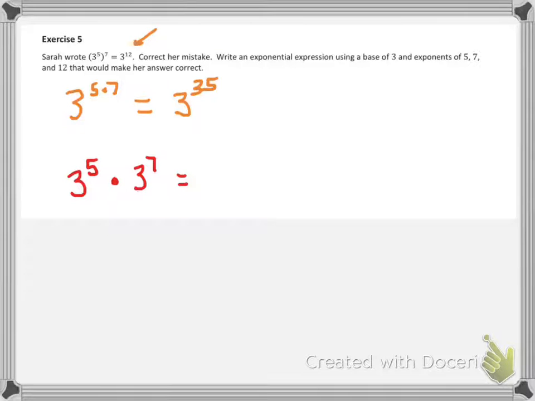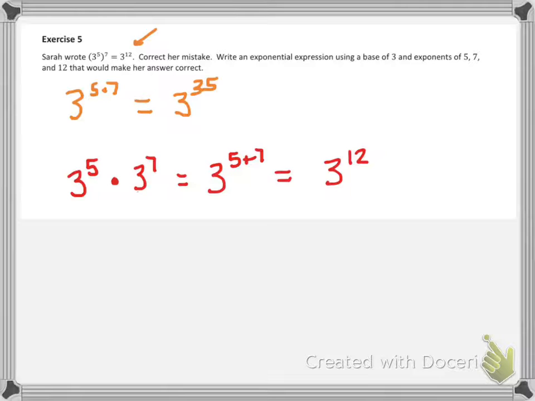So this 3 to the 5th times 3 to the 7th would be equal to 3 to the 5 plus 7, and that would be 3 to the 12th power. So an easy mistake, one that happens a lot, and we have to be careful.